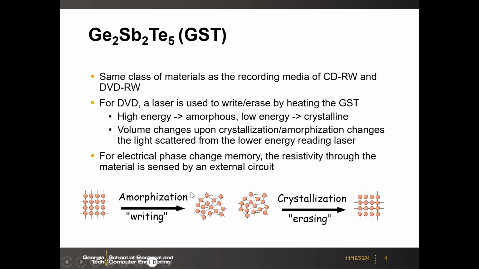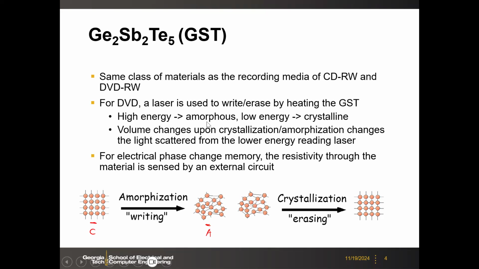If you shine the laser on this material, the high energy triggers a phase transition from the so-called crystalline phase to the amorphous phase. Crystalline phase means the atoms have long-range order, that means you have a crystal structure.